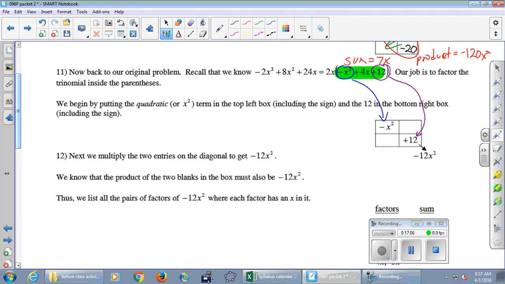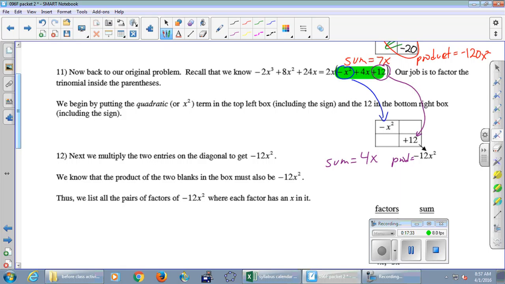We know that we can multiply these two guys that we've just filled in, and it's going to be the same product on the two blanks that we don't know about yet. We also know that the sum of the two blanks is supposed to equal what? Again, all you have given is that thing in green. It's supposed to be that 4x. Everybody okay with the pieces?